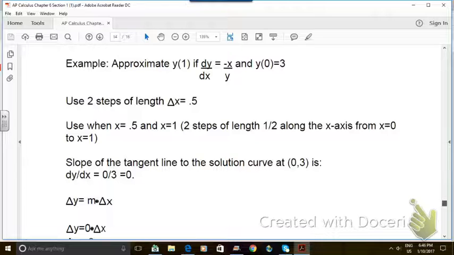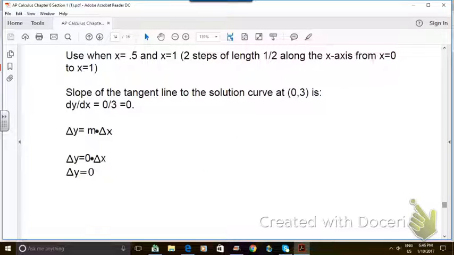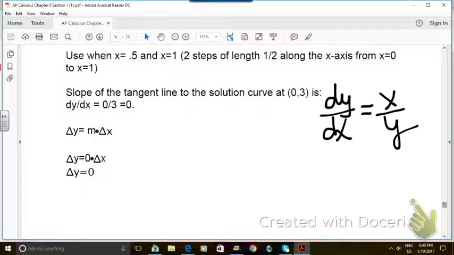So we're starting with 0, 3. dy dx is x over y, whatever the formula is they give you for dy dx. So again, in this case, my dy dx was x over y. You take the point they initially give you, 0, 3, plug it in, 0 divided by 3 is 0. So here's our formula, delta y equals, you can either use m or dy dx, times delta x.